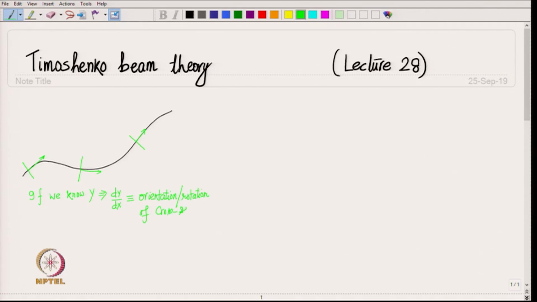Of course, this was an assumption that the cross sectional normal and the center line tangent are aligned, and that is Euler-Bernoulli theory, EBT.